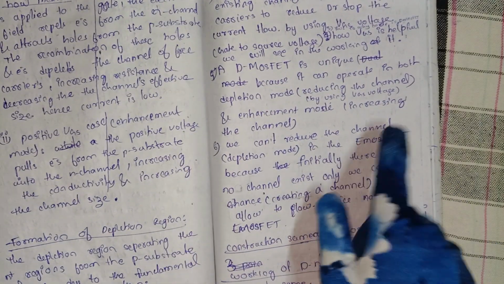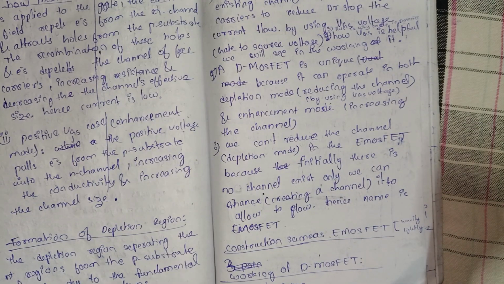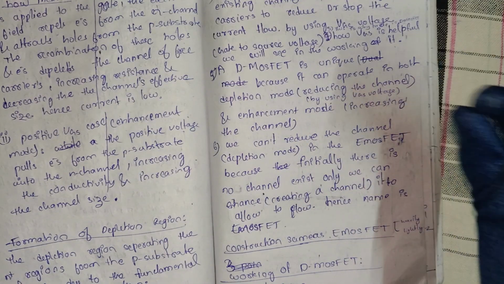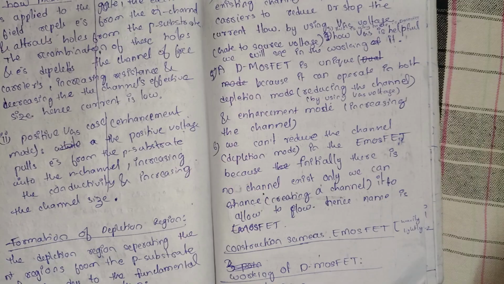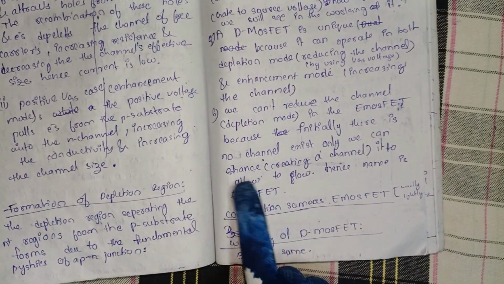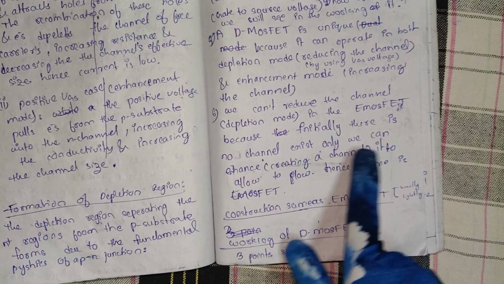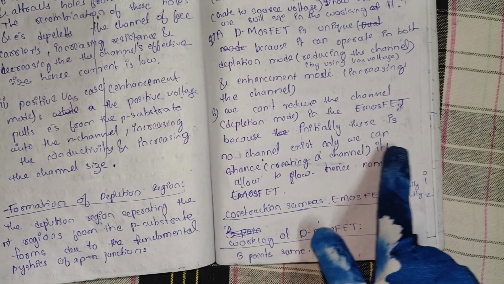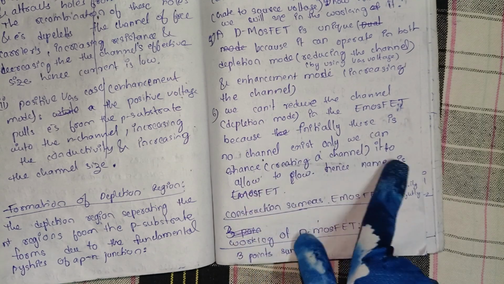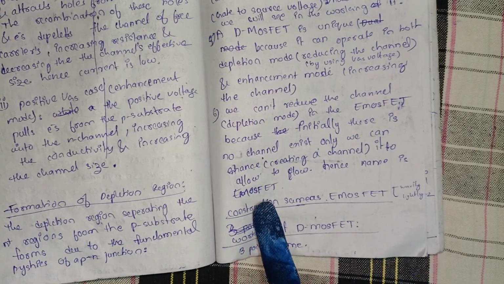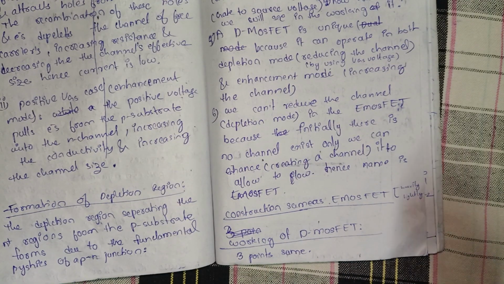That's why we can't reduce the channel. But in the DMOSFET we can increase or decrease the channel. Only we can enhance, creating a channel to allow the flow of current, hence the name is E-MOSFET. Enhancing means creating a channel in the E-MOSFET, that's why the name is E-MOSFET.